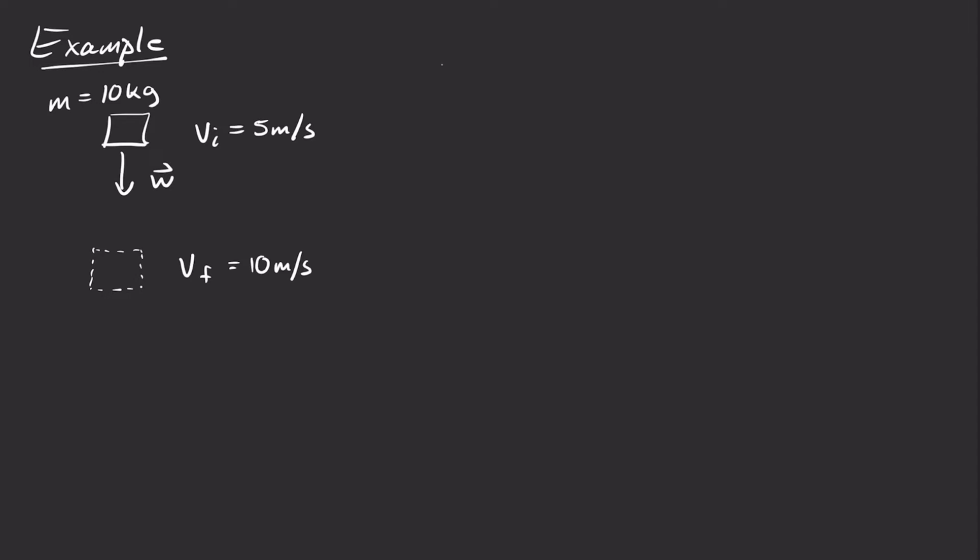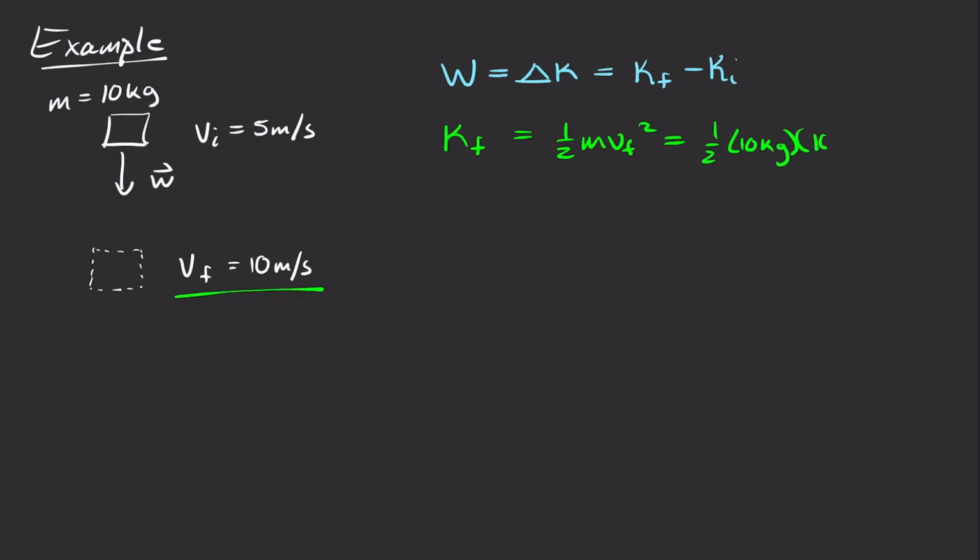Well, that means there must have been some total work done on this object. In this case, there's only one force doing work. That work is going to equal the change in kinetic energy by the work energy theorem, or K final minus K initial. Final kinetic energy will be 1/2 mvf squared, which is 1/2 times 10 kilograms times 10 meters per second squared.